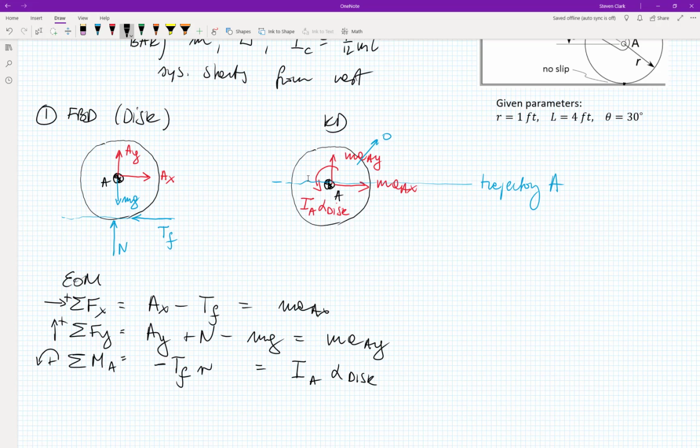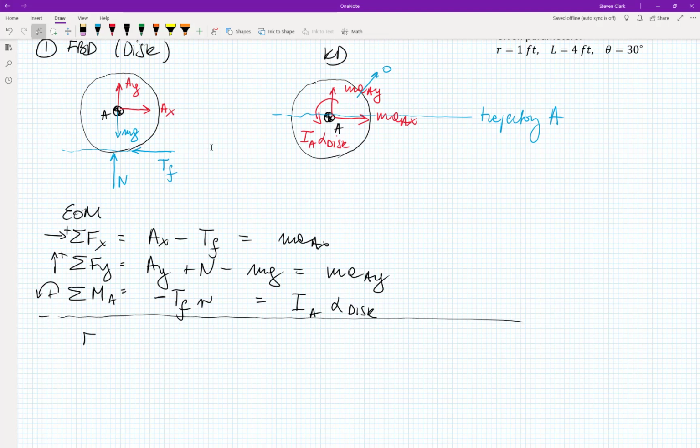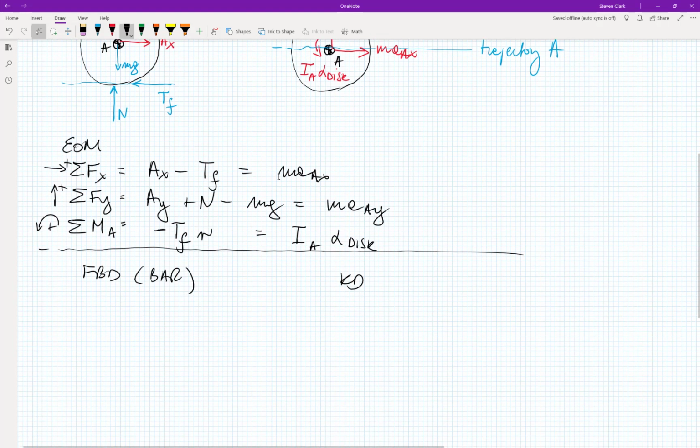Okay, guys, we are done with our analysis for the disk. Now let's focus on the bar. FBD for the bar and KD. So now let's see if I can draw that bar. Okay. How about something like that? Something like that and like that.